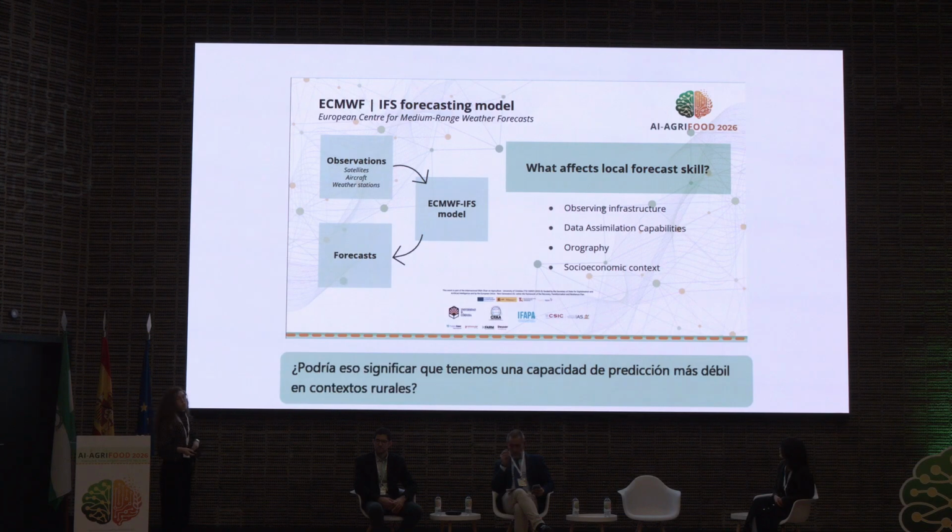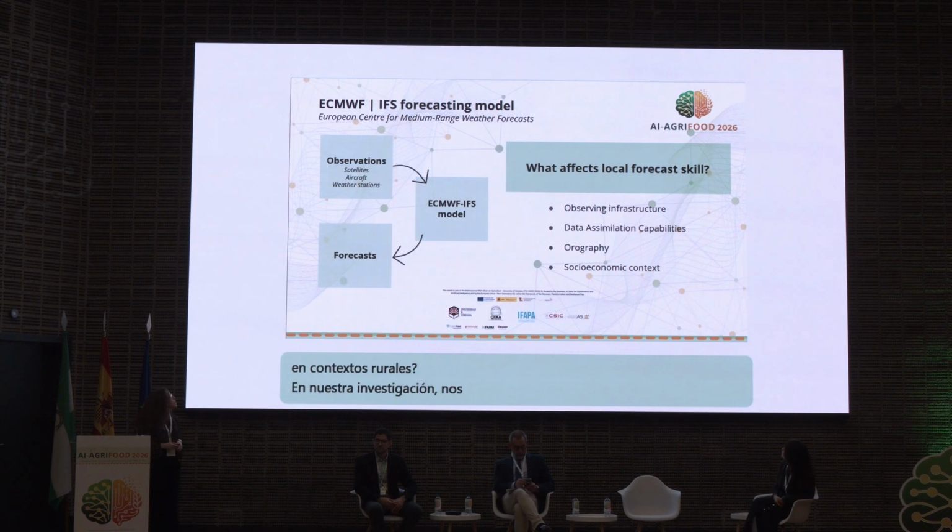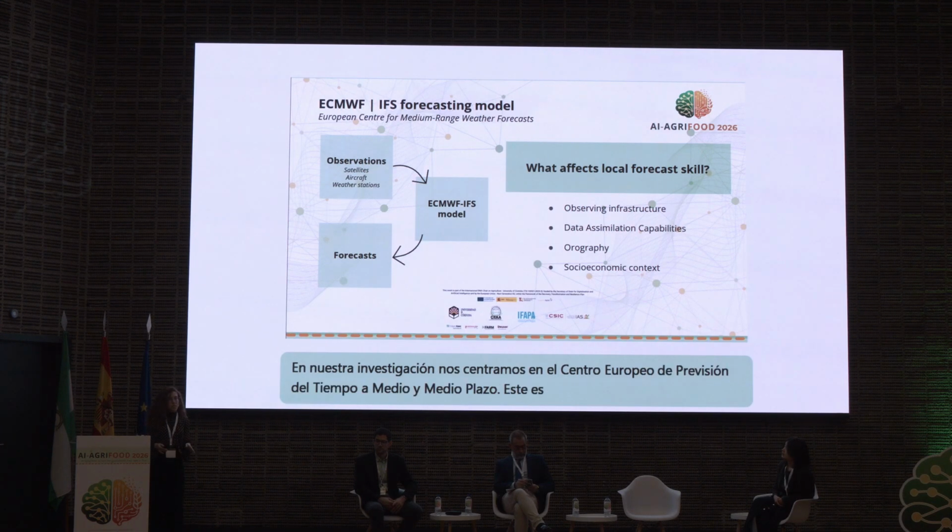In our research, we are focusing on the European Centre for Medium-Range Weather Forecasts. This is one of the best weather forecasting centers worldwide, and their forecasts are widely used.